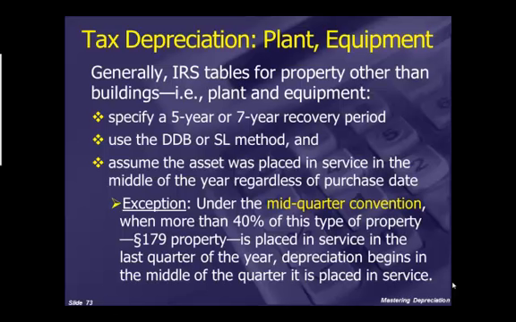So they're saying here that if you purchase 40% of your personal property during the last quarter of a year, then you have to use mid-quarter convention. They're calling it also Section 179 property that is eligible to be costed out, and we'll talk about that more later.